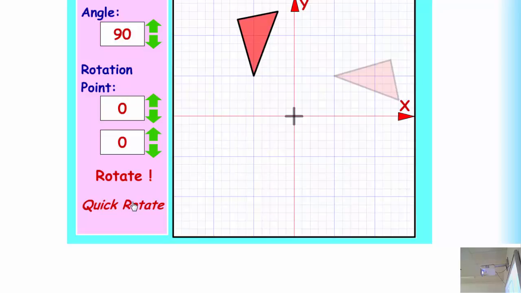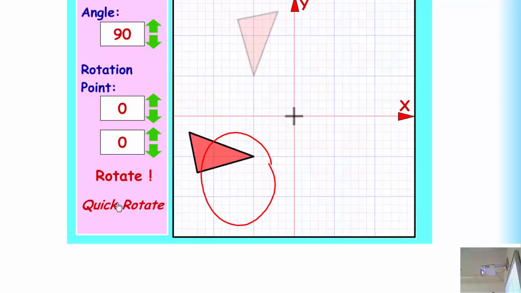What I would like you to know now about rotation is that when you rotate the shape with 90 degrees, it goes to the next quarter. But please remember that it goes to the next quarter, and it will be rotated by 90 degrees.